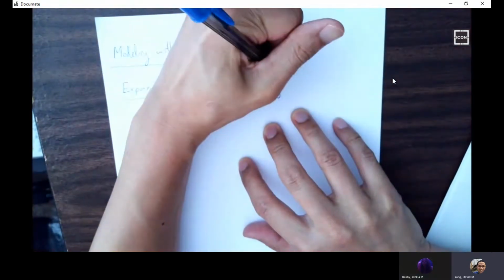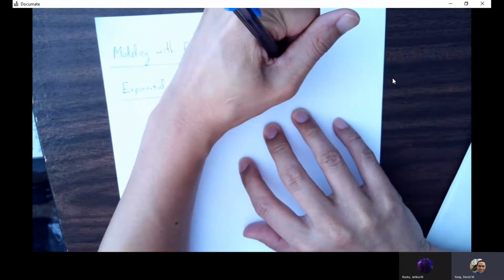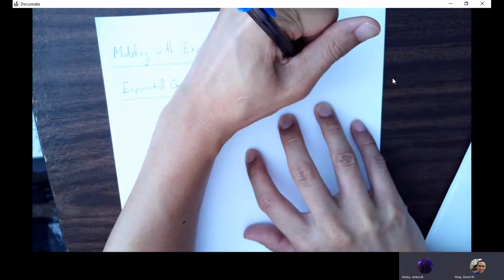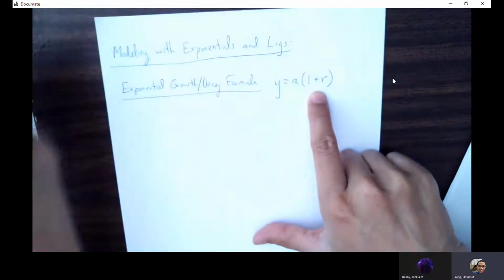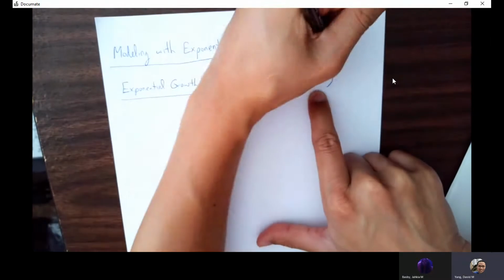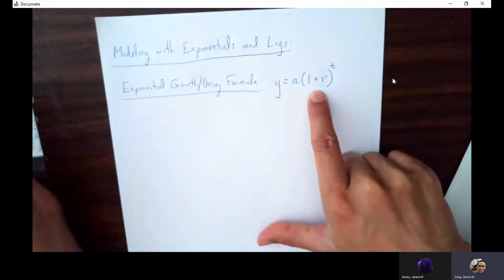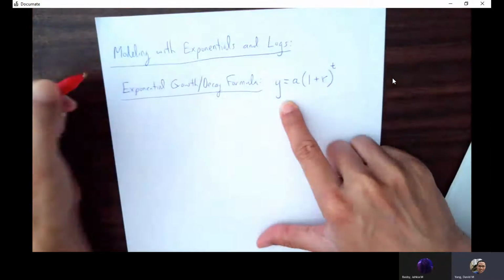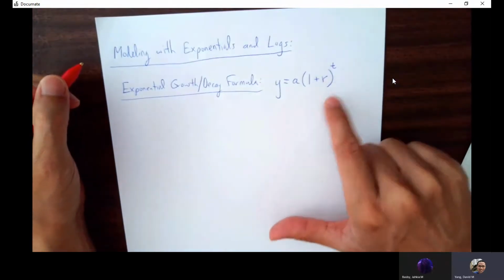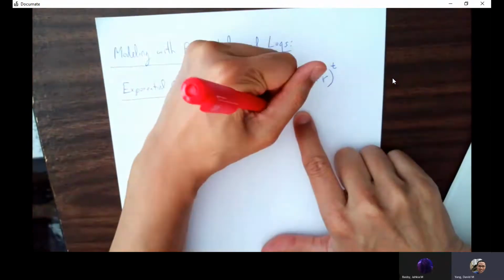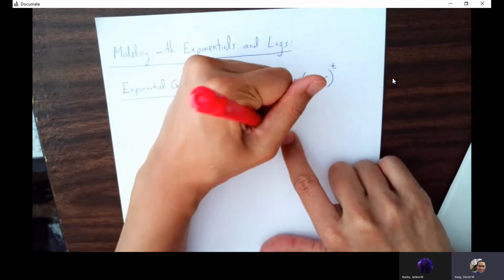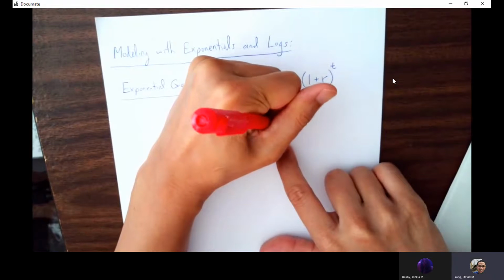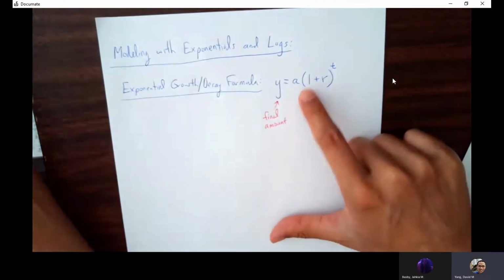So y is equal to a times 1 plus or minus r raised to the t. There's a couple of things that we want to understand about this equation. y is the final amount, whatever that final amount is, and the problem will always tell us that information.